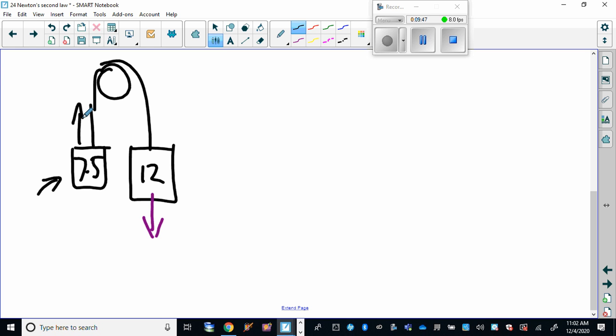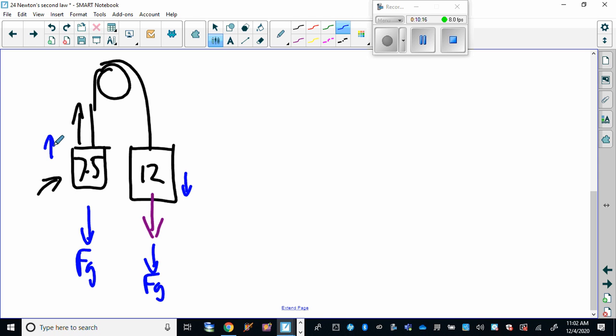What forces are acting on this? Well, the only force acting on each mass is going to be gravity. Gravity is pulling this one down and gravity is pulling this one down. But this is the trick about Atwood's pulley questions: whatever rate this one accelerates down, this one will be accelerating up at exactly the same rate.